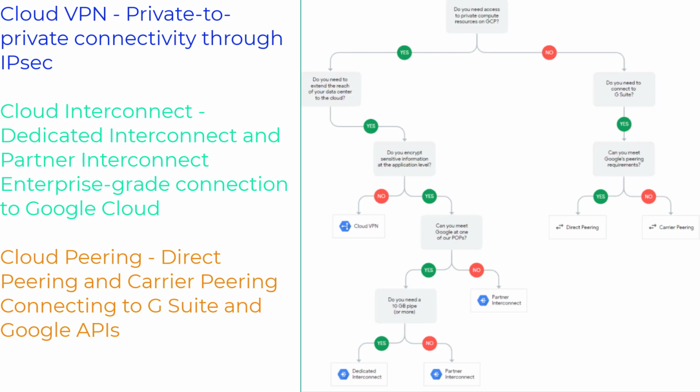Do the bandwidth and performance of your current connection to the Google servers currently meet your business requirements? Do you encrypt sensitive information at the application level? Do you already have or are you willing to install and manage access and routing equipment in one of Google's point of presence POP locations?